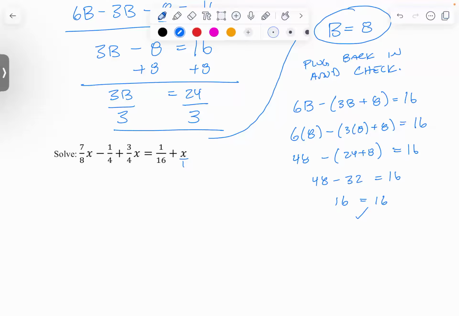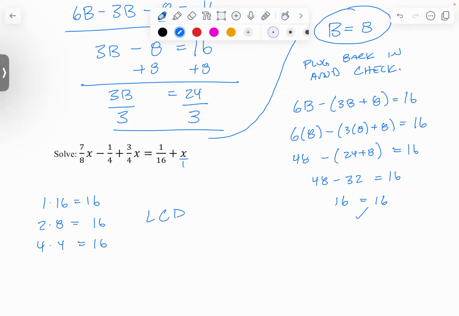That means the common denominator among all of these is 16. The whole idea is that 1 times 16 makes 16, 2 times 8 makes 16, 4 times 4 makes 16. I can create 16 as what is called the least common denominator.